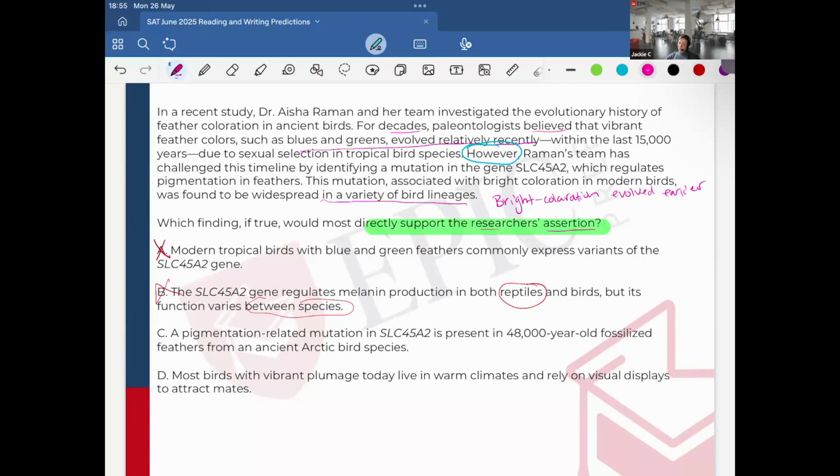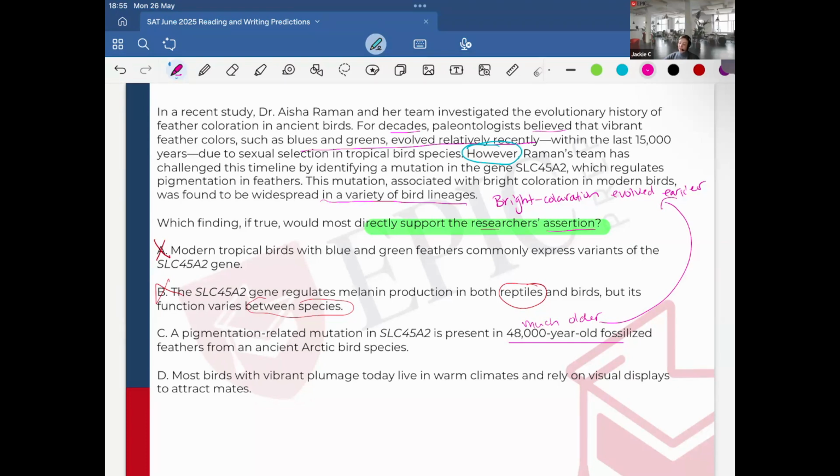C, a pigmentation-related mutation in SLC45A2 is present in 48,000-year-old fossilized feathers from an ancient Arctic bird species. Well, this seems to match pretty nicely with my prediction. I was looking for a timeline of over 15,000 years ago, so something that's much older, or AKA evolved earlier.